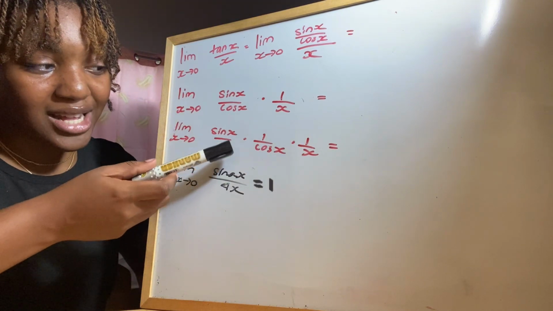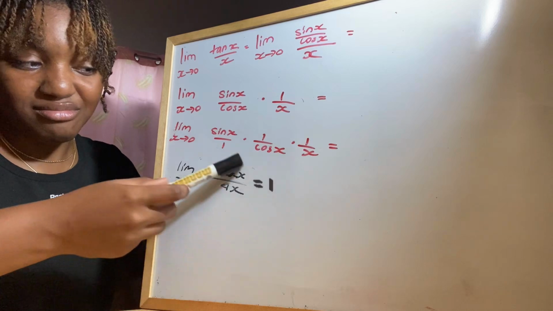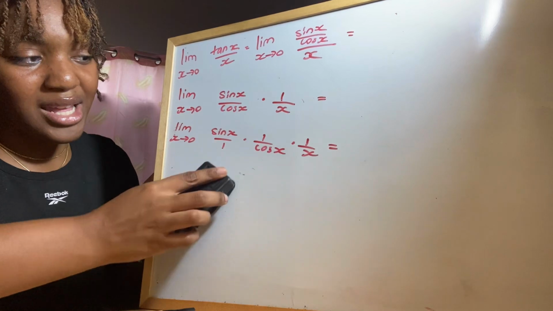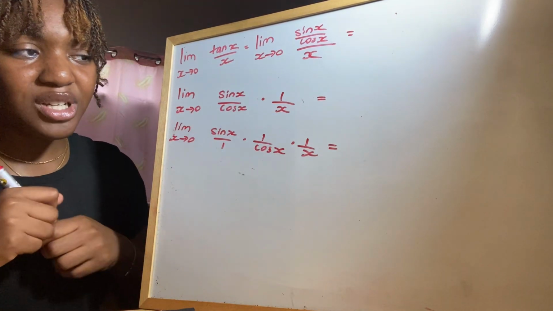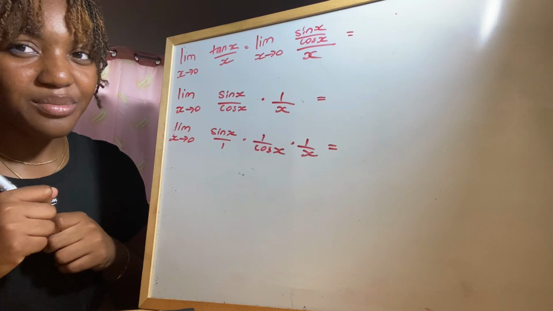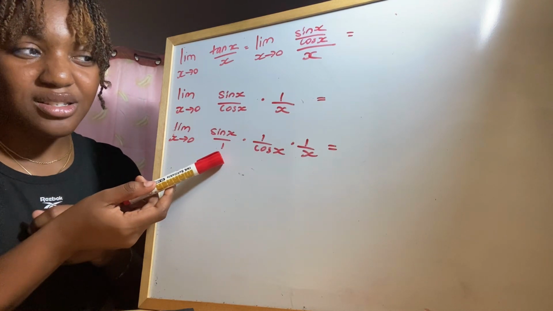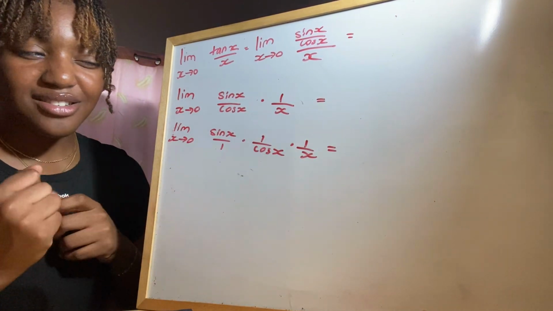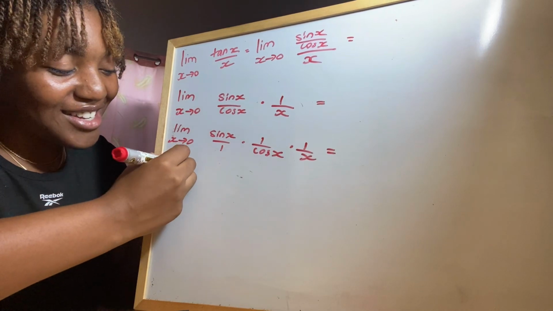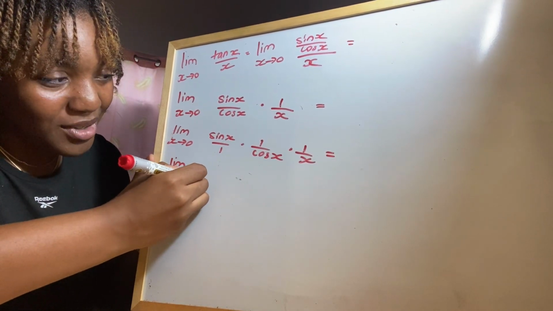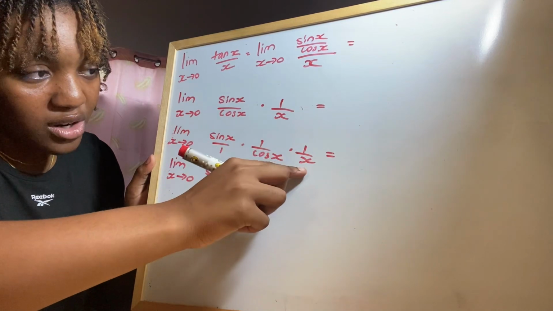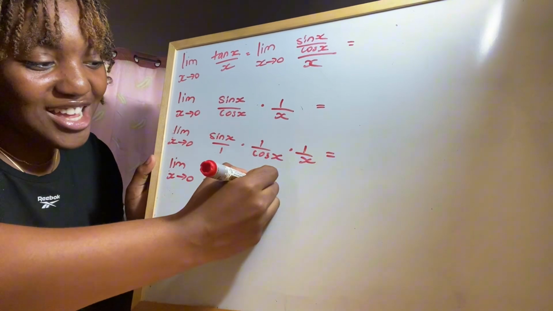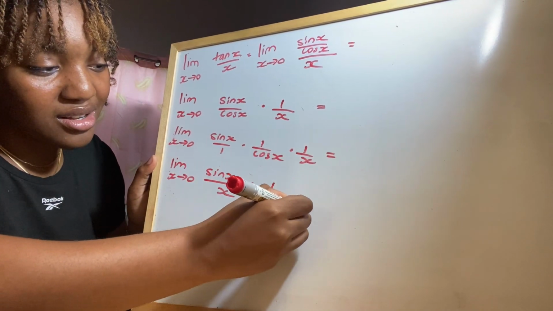So we can try to get the sine x over 1 to this form, and in order to get it into that form, we would have to get x in the denominator, and we could simply do that by multiplying the denominator by x. However, we have 1 over x right here. So what I'm going to do, I'm just going to bring the 1 over x, I'm going to join these two fractions together. So I'm going to have the sine x over x times 1 over cos x.